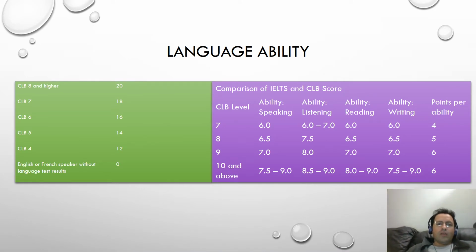Okay, let's talk about the language ability. You need to do a language test, and let's suppose you are going to do the IELTS test. You need IELTS 3.5 to apply, but there's a confusion over here. Many people start thinking we really need IELTS 3.5 because that is equal to CLB 4, but the scenario is not the same.